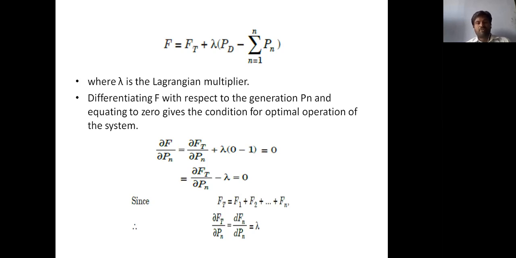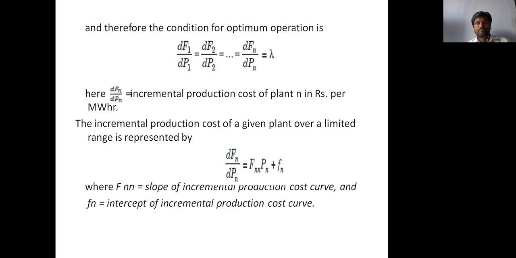Then lambda equal to dF_T by dPn. We know the overall cost function F_T equal to F1 plus F2 plus and so on Fn, so dF_T by dPn equal to dFn by dPn equal to lambda, where lambda is the Lagrangian multiplier.